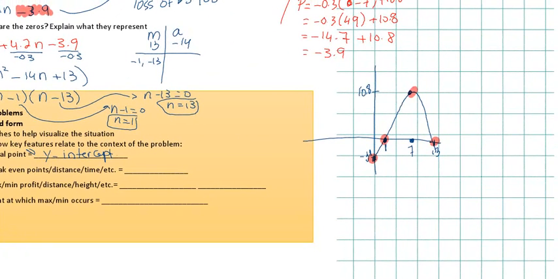How much money are you profiting if you sell 1,000 chocolate bars? Zero. If you sell 13,000 chocolate bars, what is your profit? Zero.